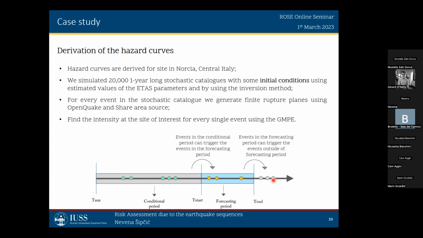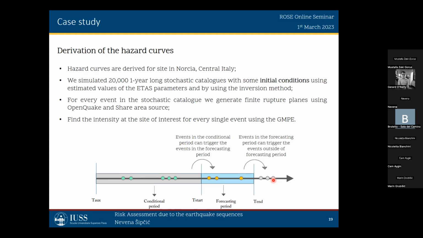And the events from the forecasting period can similarly trigger the events outside of the forecasting period. So if we want to estimate the hazard curve 1 year from now, it's important to feed the model with the events that happened before.